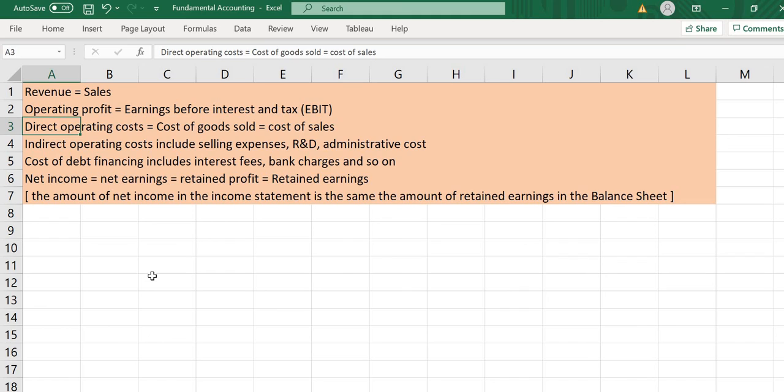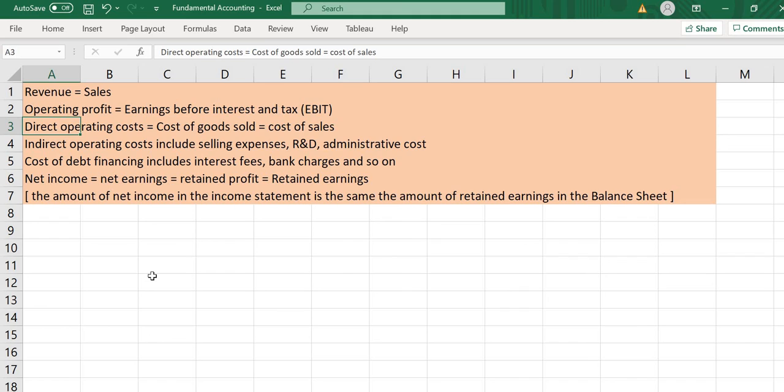Direct operating costs are the cost of goods sold, the cost that the company purchased inventory, material to produce products or to manufacture the goods. So direct operating costs are the same as the cost of goods sold, or we also call it cost of sales.